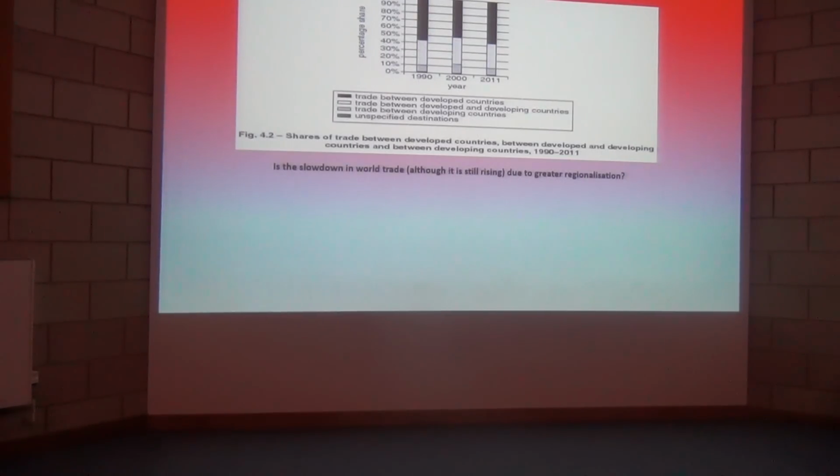We can see that there are two main trade flows, the trade between developed countries, and the other main trade flow is the trade between developed and developing countries. It's interesting to note that the developing countries haven't really made much inroads over that 2-decade period, so they're still hovering around the 30% trade mark with the developed world.